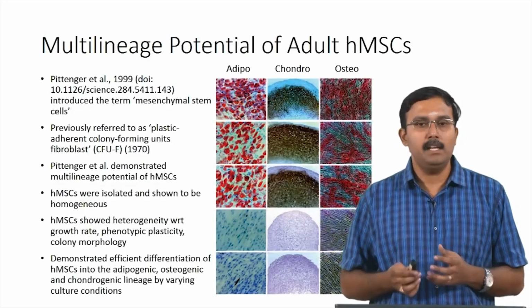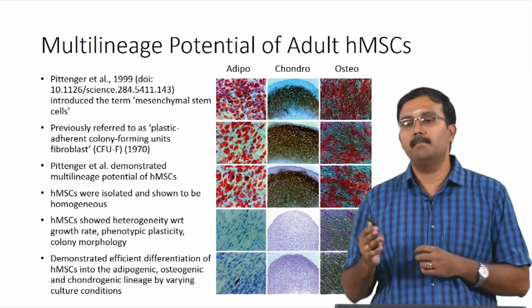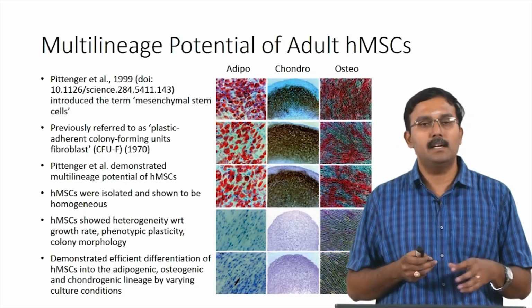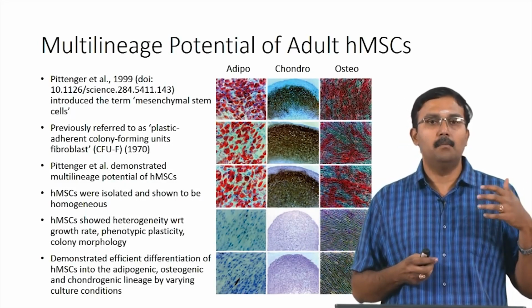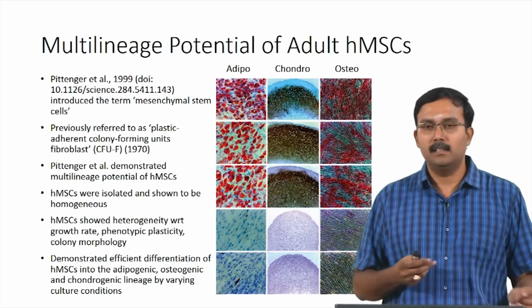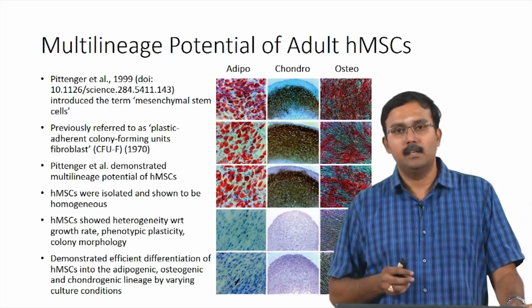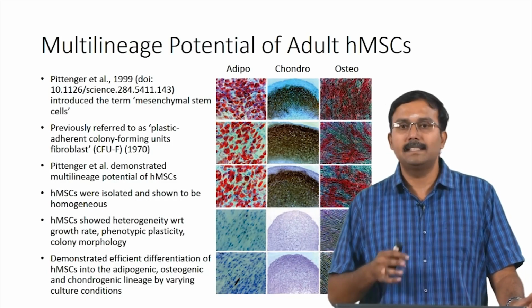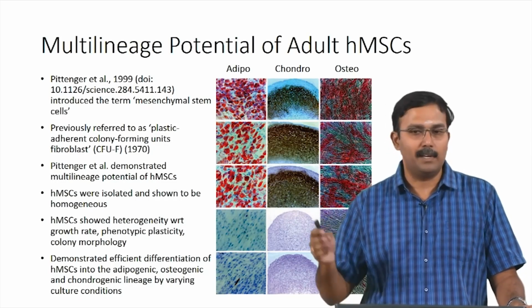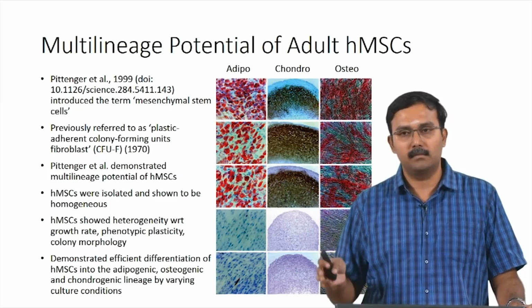The multilineage potential of adult human mesenchymal stem cells was demonstrated in 1999 by Pittenger et al. This was published in Science, and it is one of the extensively cited papers, with almost 23,000 citations currently.